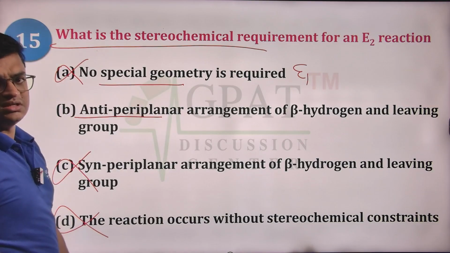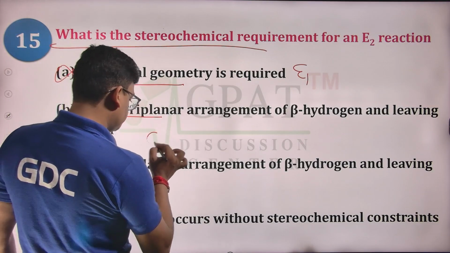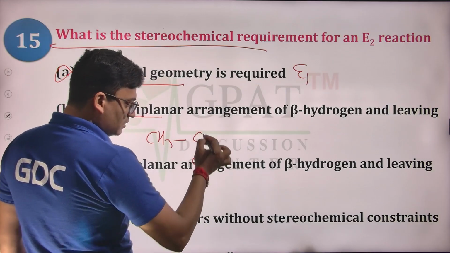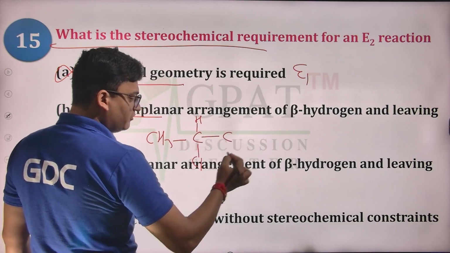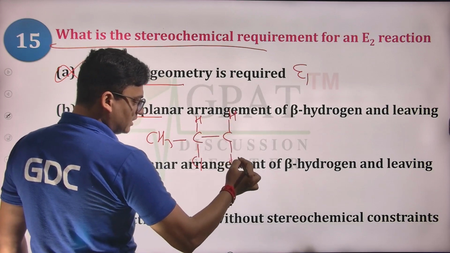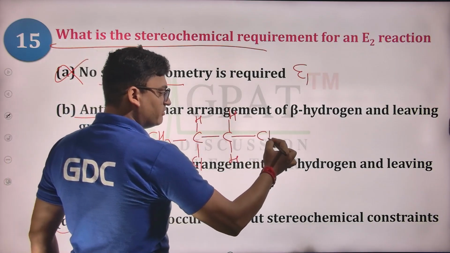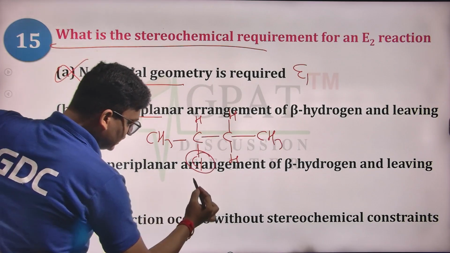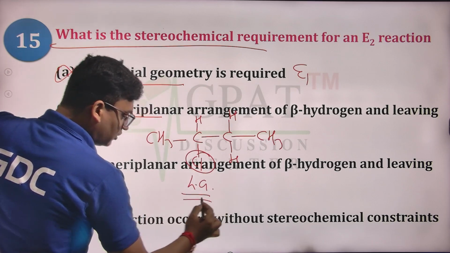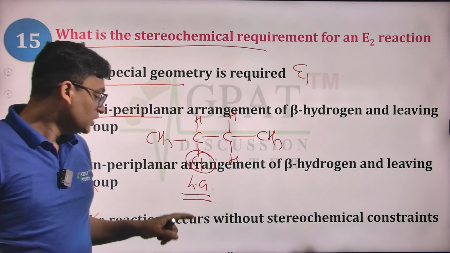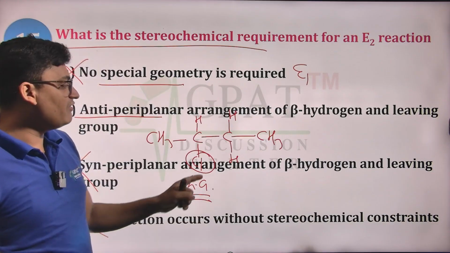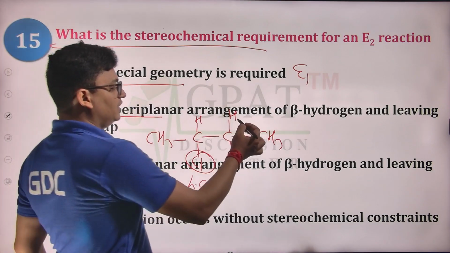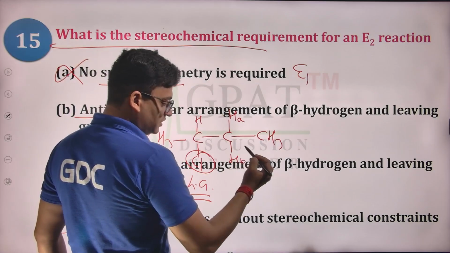What does anti-periplanarity mean? Suppose we are having a carbon with chlorine, and an adjacent carbon with hydrogens and a CH3 group. I am writing Lg for the leaving group. In the adjacent carbon we are having two hydrogens, Ha and Hb.